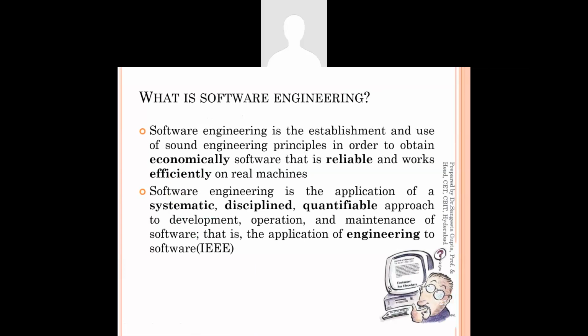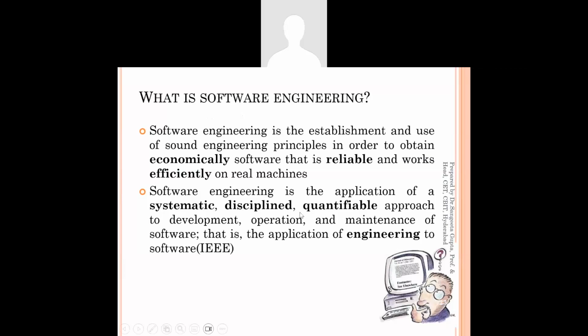So, keeping the various budget and timing constraints into consideration, we apply the software engineering principles for the design of a successful software. Also, the software which is developed through the application of these software engineering principles is said to be reliable. That means it will have the ability to survive failures.